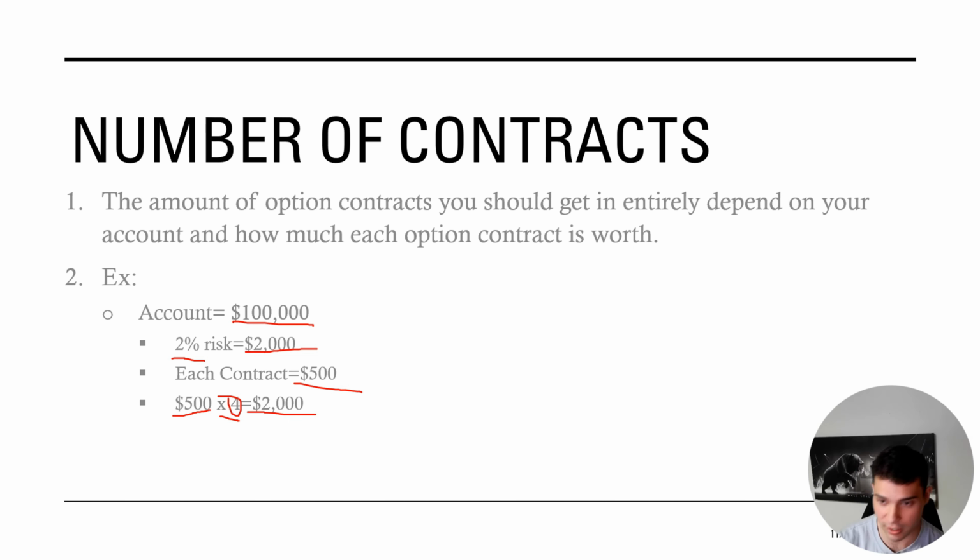Now, one thing I will say is, as a trader, when it comes to options, you're always going to want to get more than one contract. I've probably told people before that getting into one option contract is fine, and in reality, I don't think it is.